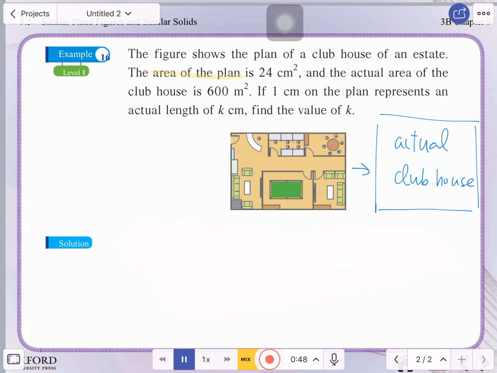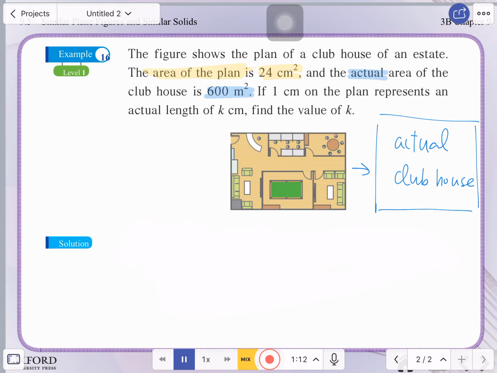So the area of the plan is 24 cm square. And the 600 meter square is the actual area. I try to use another color, blue, to represent the actual stuff.